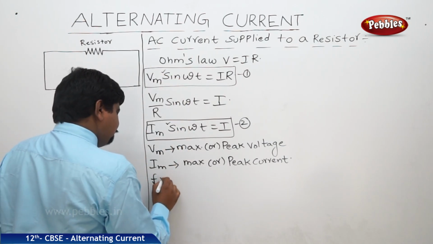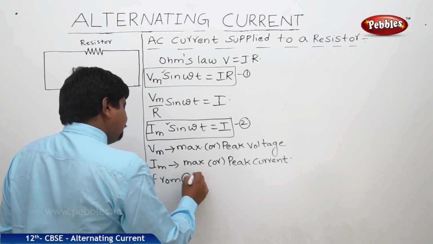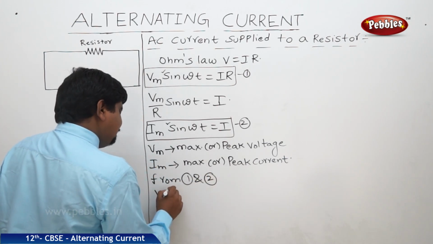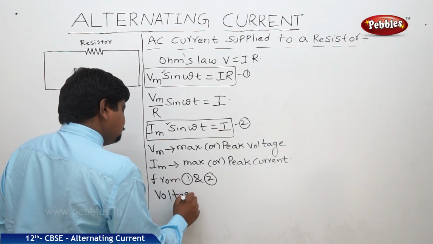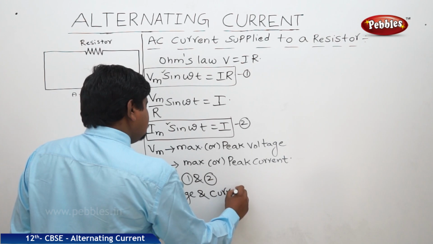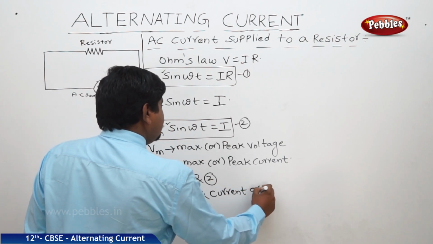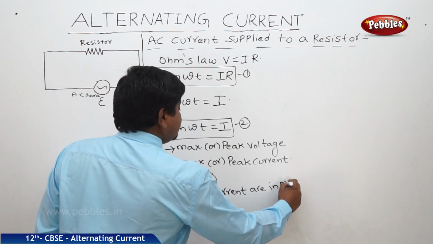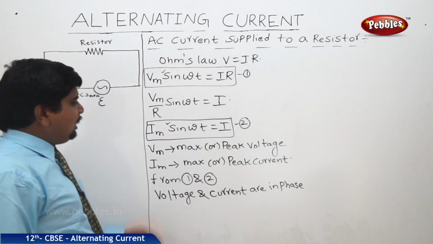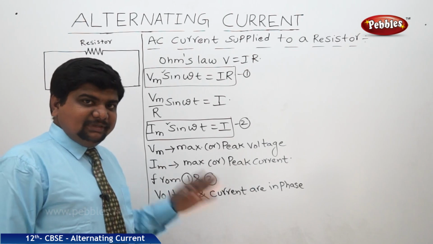From equations 1 and 2, what we can say? Voltage and current are in phase. Maybe the amplitude difference will be there.